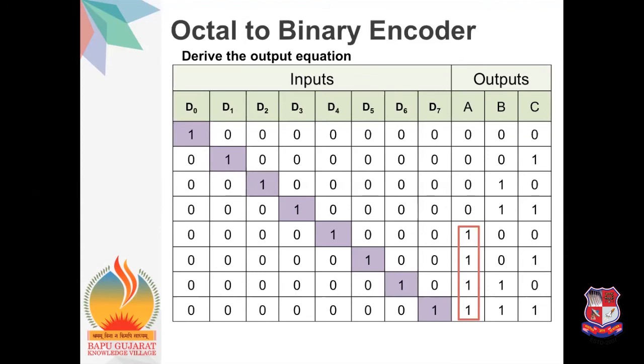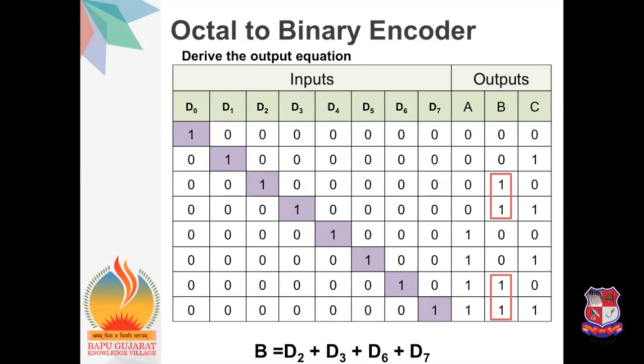So A equals D4 or D5 or D6 or D7. This is the logic expression for A. Same way, we can find the logic expression for B. In the B column, 4 times 1s occur. So write down the corresponding input values for these 4 ones. Here B equals D2 or D3 or D6 or D7. So this is the logic expression for B.